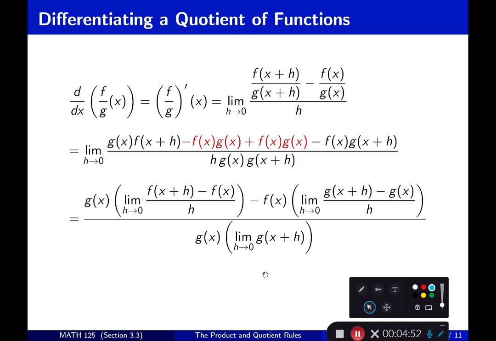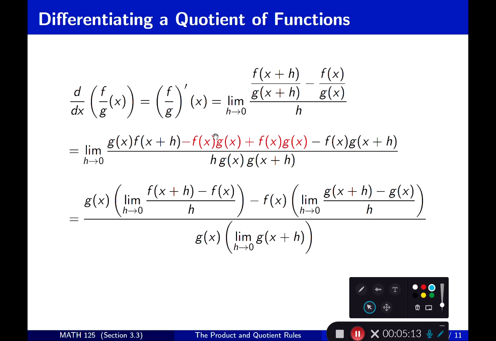When you bring the limits inside the numerator and denominator, you notice what is constant with respect to h. g of x, for example, in the denominator is a constant, so g of x down here comes out of the limit.